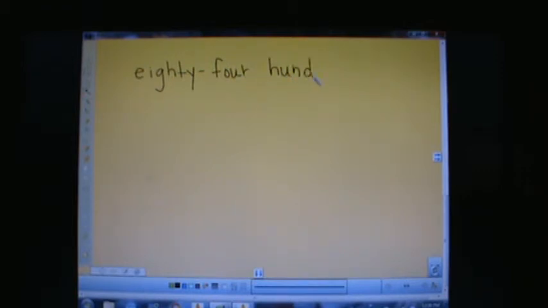If I had a word that said 84 hundredths, first off, I want you to write it as a fraction. Hundredths tells me what our denominator will be. Our denominator will be 100. 84 tells us what our numerator would be. 84/100. If I was to write that as a decimal, I would have 0 whole numbers and 84 hundredths. 0.84.